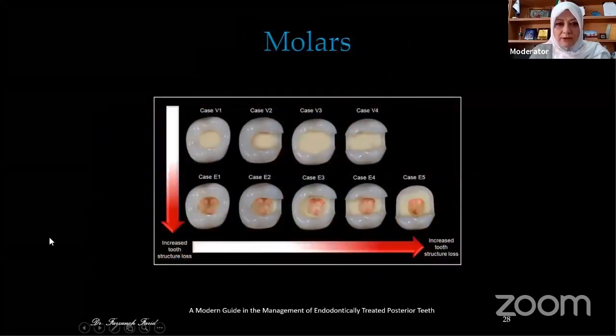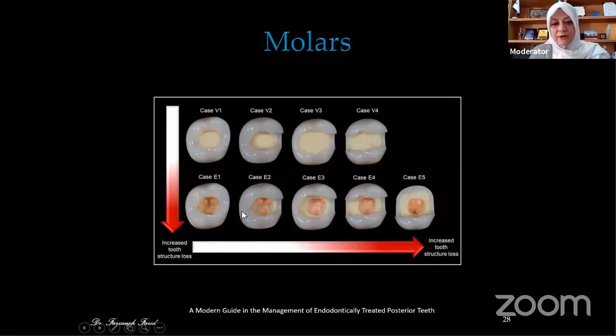Now, what about molars? As you see, with molars, again, you may have just a small access cavity hole, and it can be restored with direct restorative materials. If you have an access cavity hole plus a marginal ridge loss, you should measure the thickness of the remaining tooth structure. You may just have a cusp coverage with indirect restoration.